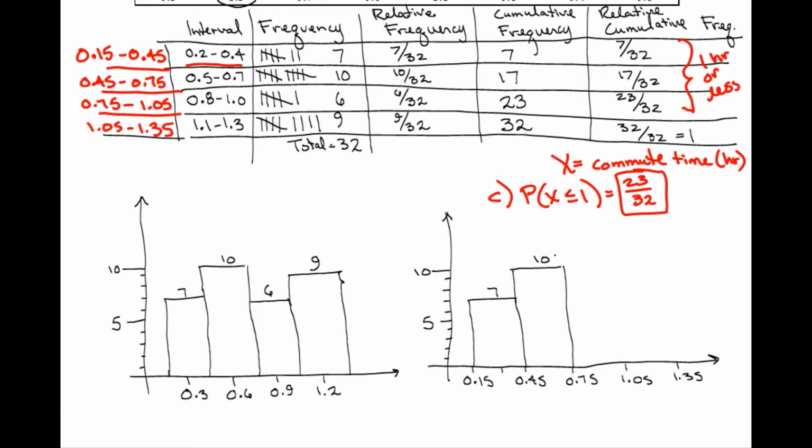Be as neat as you can. Next one, 0.75 to 1.05, and there are 6 of those. And lastly, 1.05 to 1.35, we're going to go up to 9.